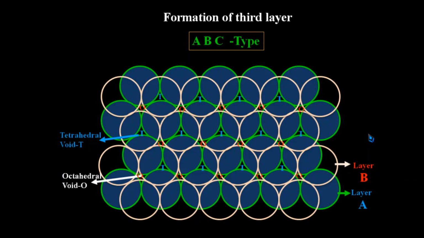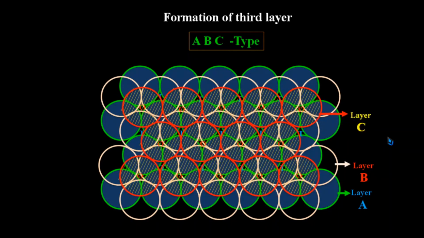That means its arrangement is totally different from layer A, the base layer, and the second layer. So this layer is represented as layer C. Then here we arrange the spheres of the third layer like this, and in this arrangement we cover the octahedral voids only, not the tetrahedral voids.